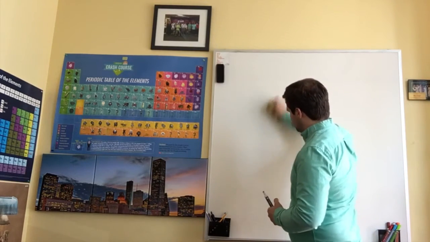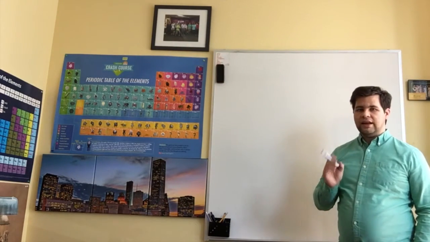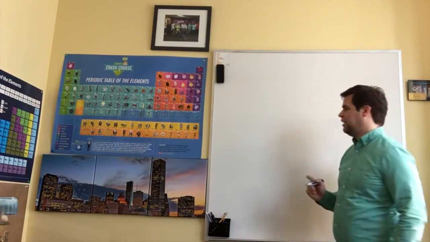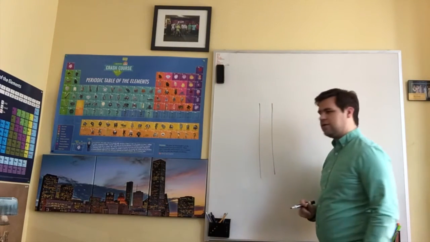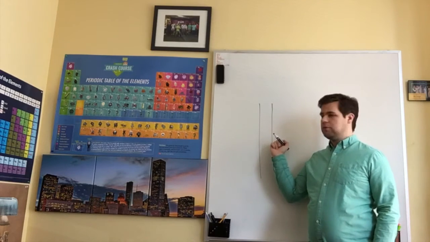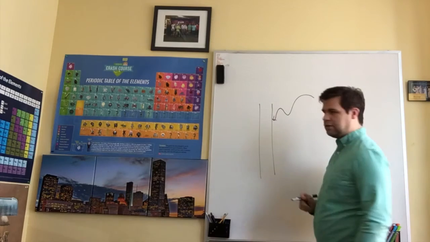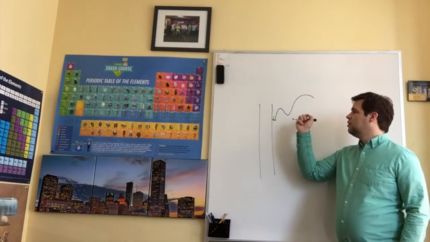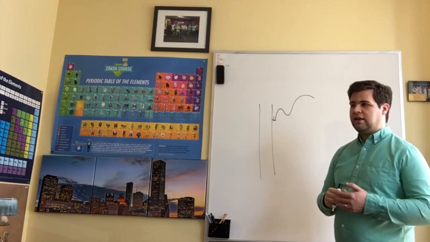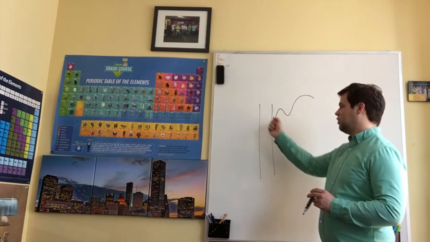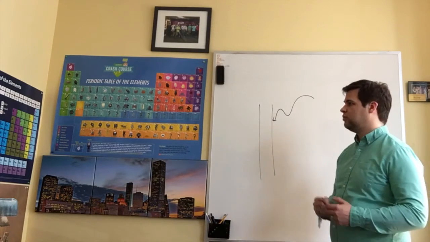The idea from classical mechanics is that, since you have this metal plate and you have light hitting it, if the light is more intense, then it's going to cause more electrons to jump with greater velocity or speed.